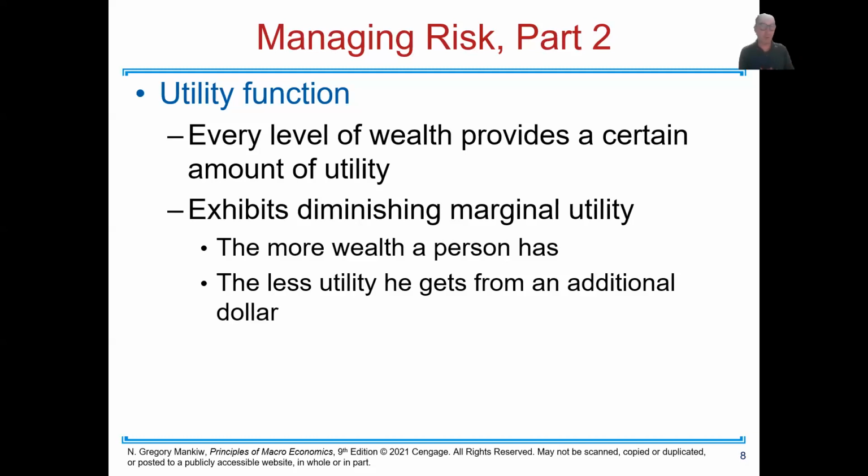Every level of wealth provides a certain amount of utility. Wealth is generated from making wise investments. Your wise investments help to generate income, help to generate wealth. Based off of your wise investments, you can generate utility.